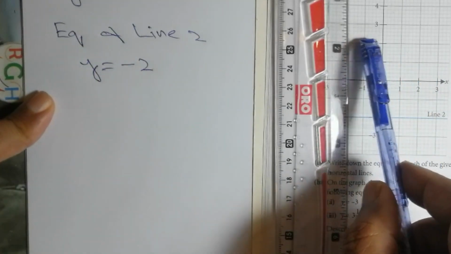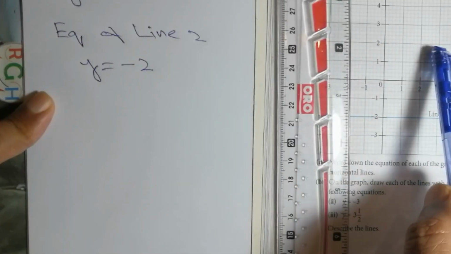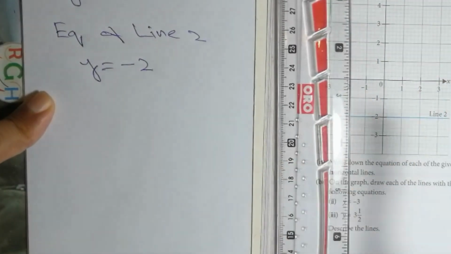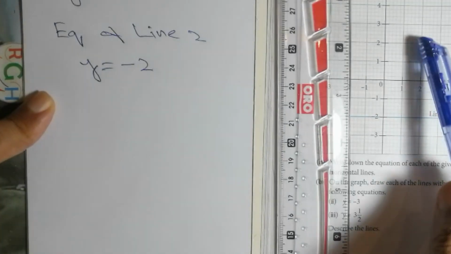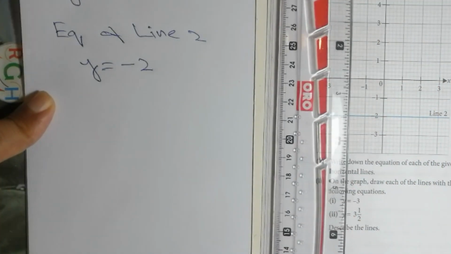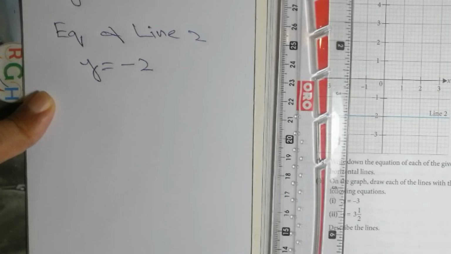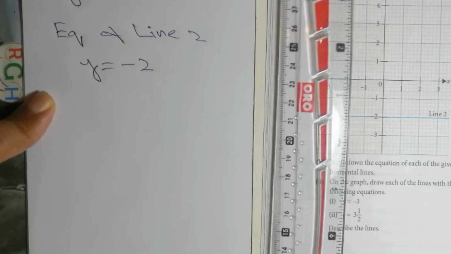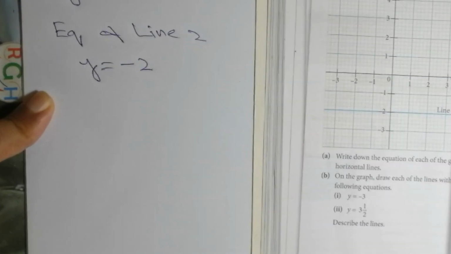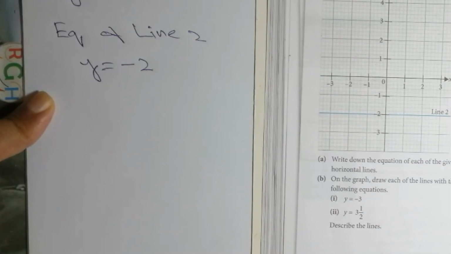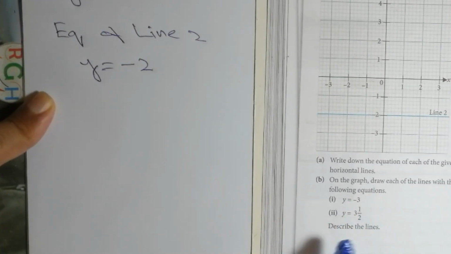If there is a line at 2, it will be y equal to 2, or y equal to 4, like this. For horizontal lines, the equation will be in y. So this was part A.